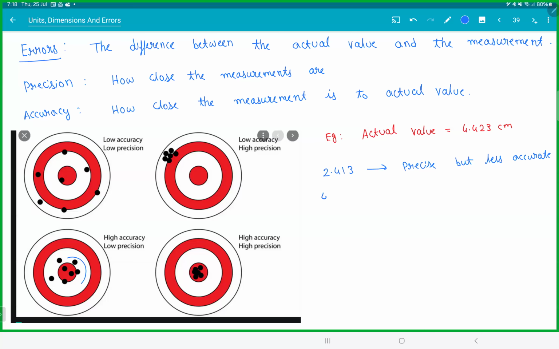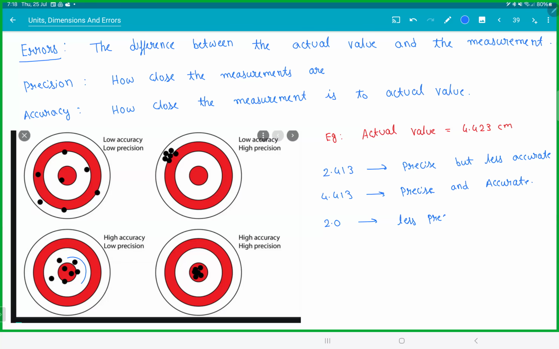Suppose you have something like 4.413, this thing is precise. You have more decimals, meaning you're measuring up to that last decimal, and accurate. If you have something like 2.0, this is less accurate and less precise.